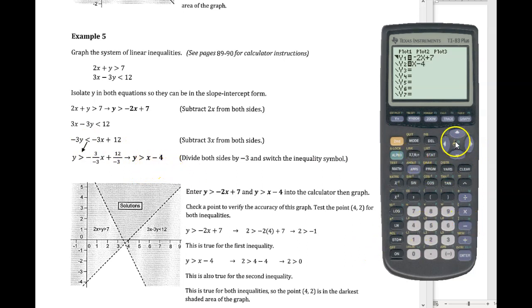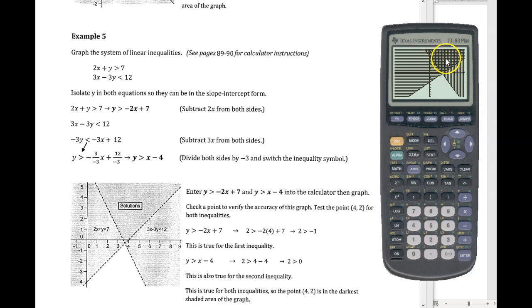It says y is greater than x minus 4. So for this one as well, I'm going to shade above. Now this is what the window would look like when I'm ready to graph. I'm going to select graph. And I see that my solutions are going to be in this overlapping shaded region right here.